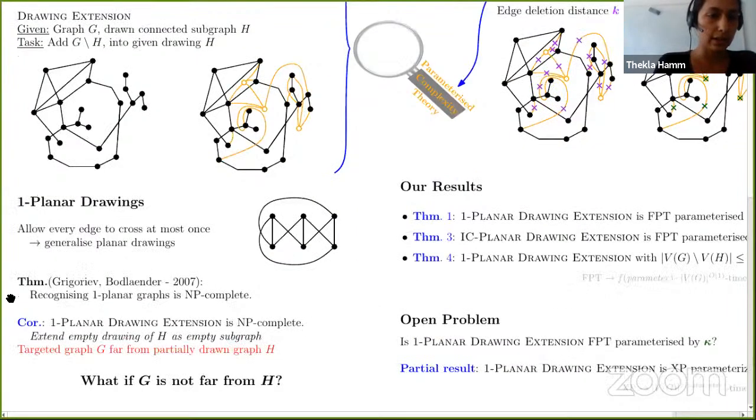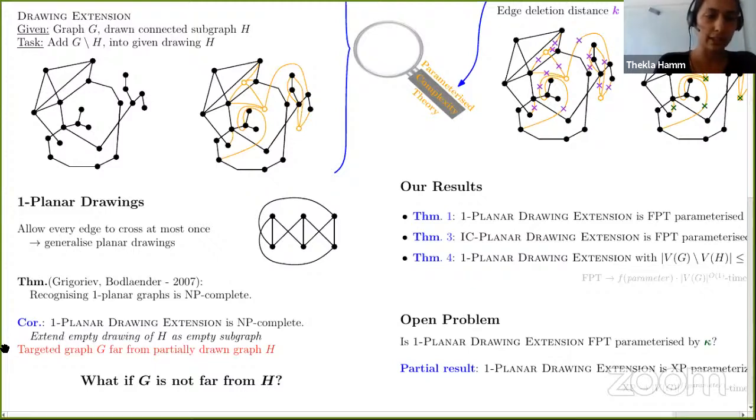Deciding whether a graph is one planar is known to be NP-complete, and the NP-hardness easily carries over to the one planar extension problem. You can just use the empty drawing as the initial partial drawing, and then a graph G is one planar if and only if you can insert a one planar drawing of G into this empty drawing.